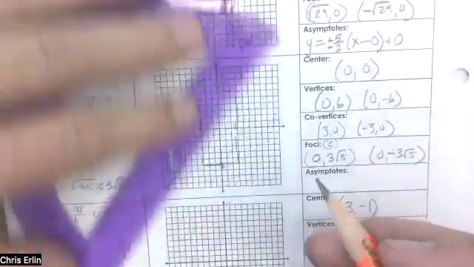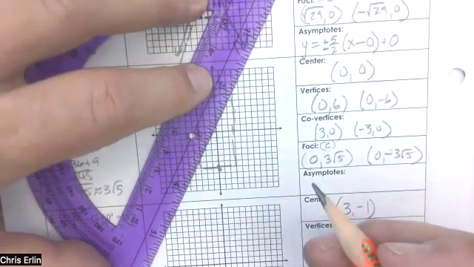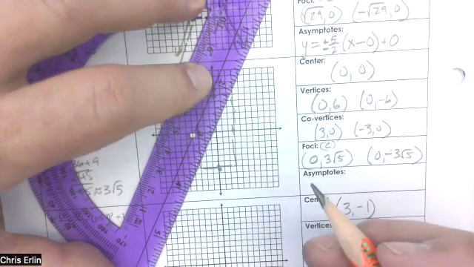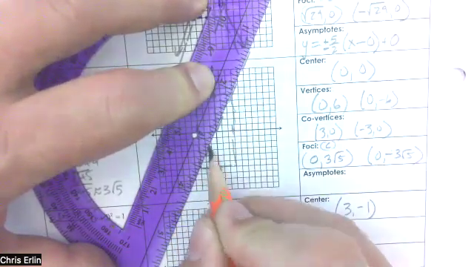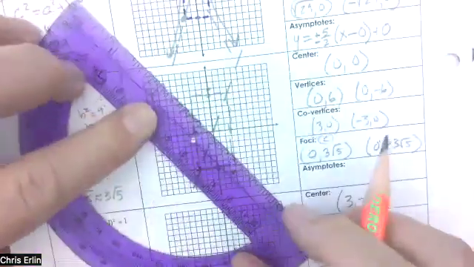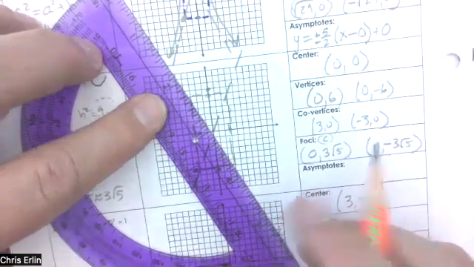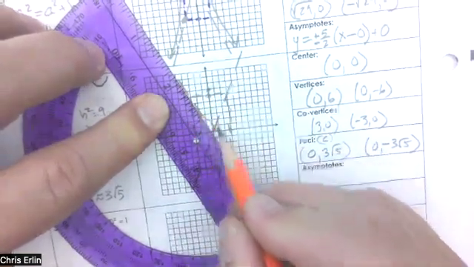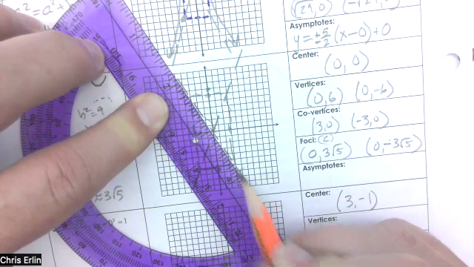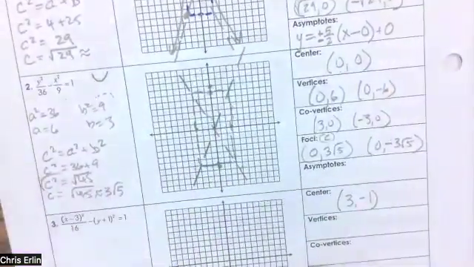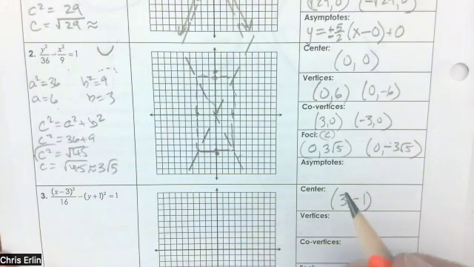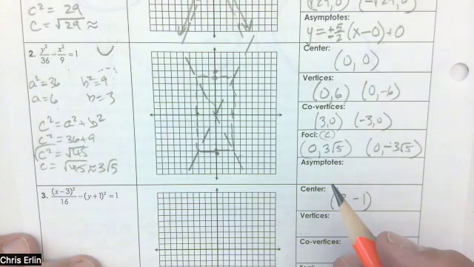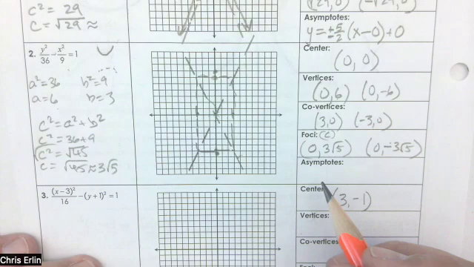And now I'm going to draw my asymptotes. Connect the corners of my box. Once I get that, where do I draw my curves?